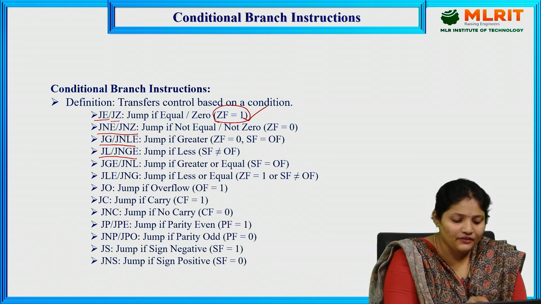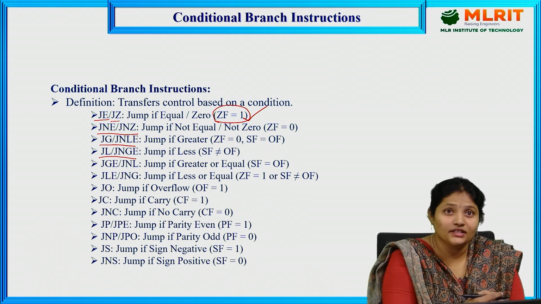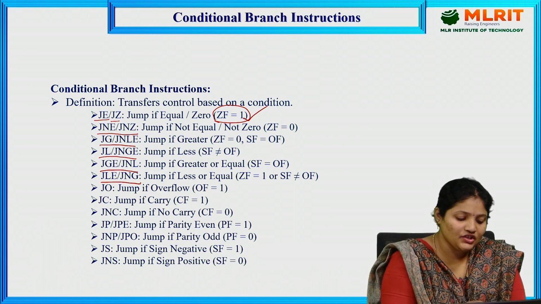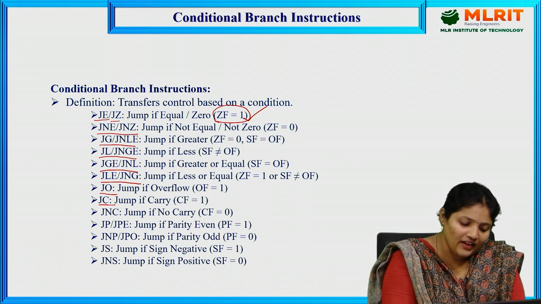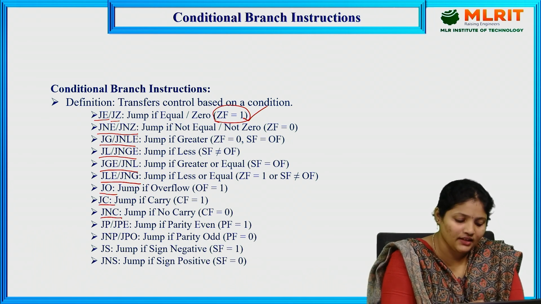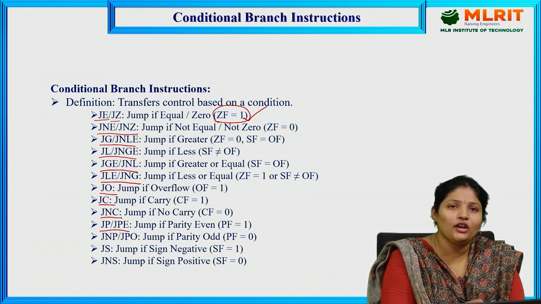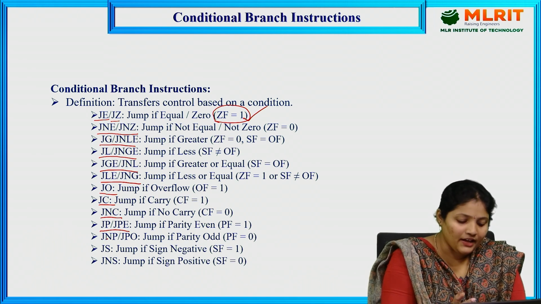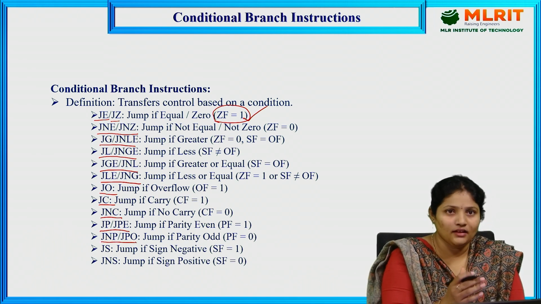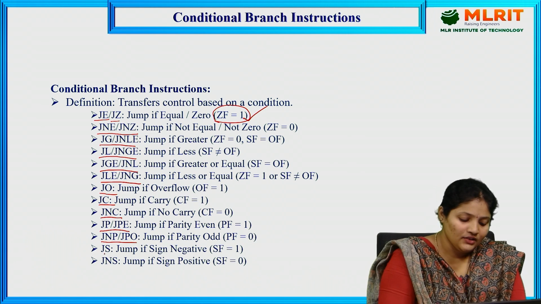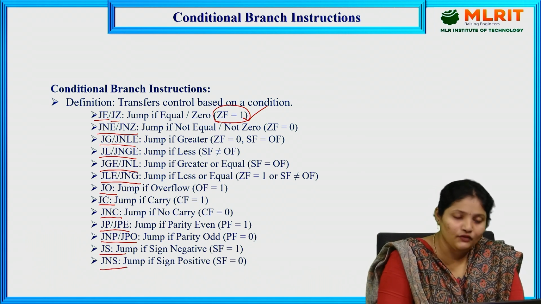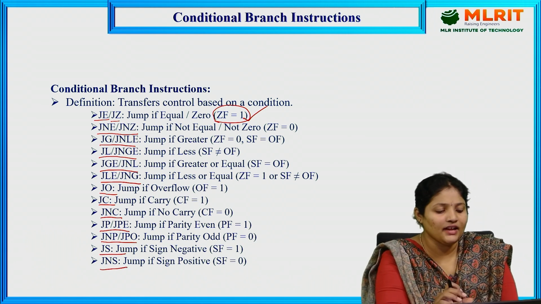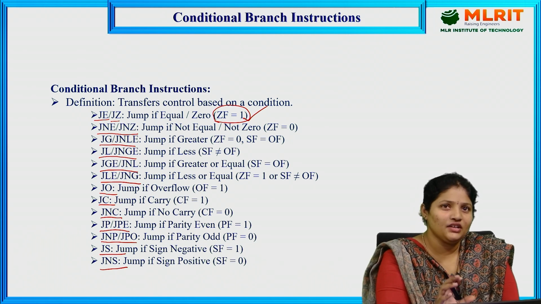Next, jump if lesser or jump if not greater or equal, jump if greater or equal, jump if not lesser, jump if lesser or equal, jump if not greater, jump if overflow flag is set, jump if carry is set, jump if no carry, jump if parity is even, jump if no parity, like jump if odd parity, jump if sign bit is enabled, jump if no sign bit is enabled. These are all the instructions present in the conditional branch instructions.